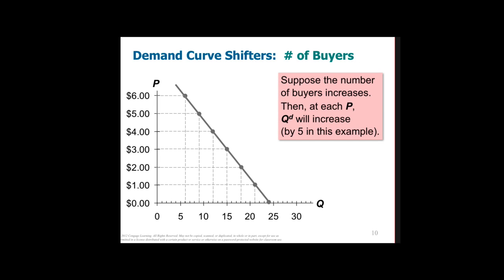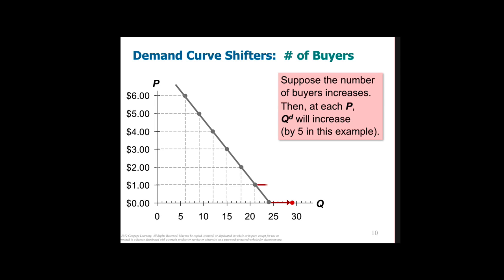So if the number of buyers in the market for this good, which is still our lattes, right? Okay. Prices have dropped, temperatures have dropped. It's suddenly fall, pumpkin spice season, right? And the number of buyers in the market for lattes has increased because it got cold.